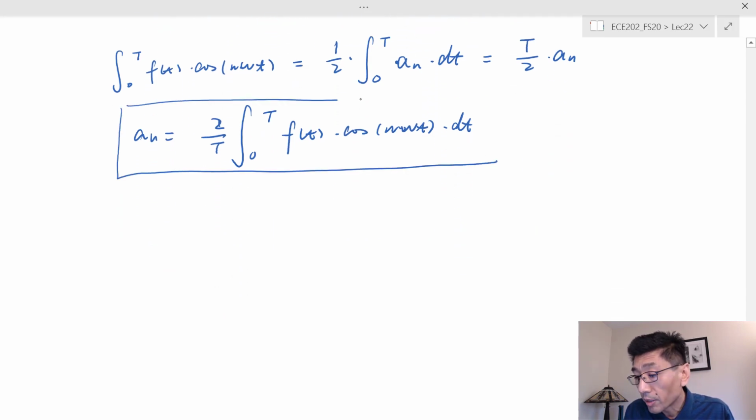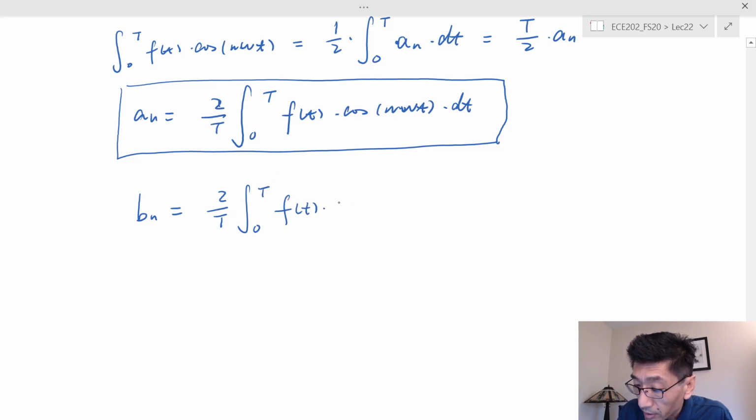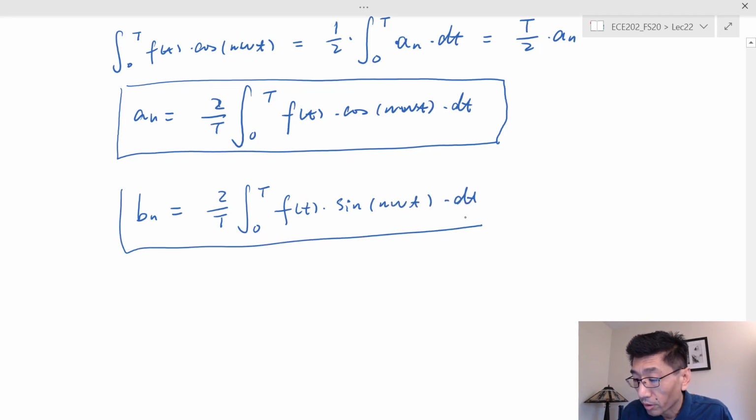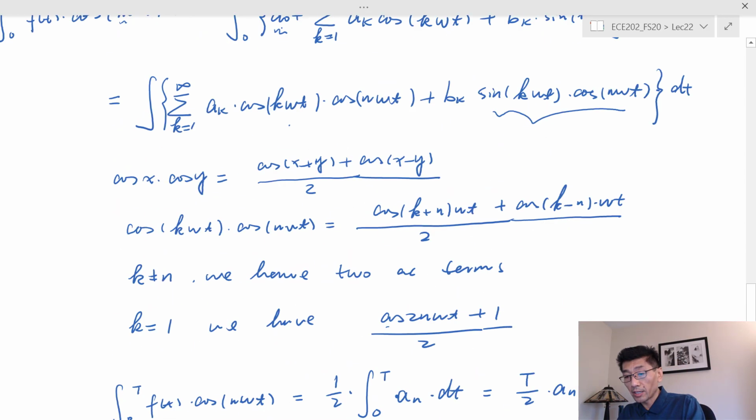We can do a similar derivation for the b n terms. b n ends up being 2 over T times the integral from 0 to T of f(t) sine n omega t dt. And these are the Fourier coefficients. This is how we find these Fourier coefficients and also the DC component.